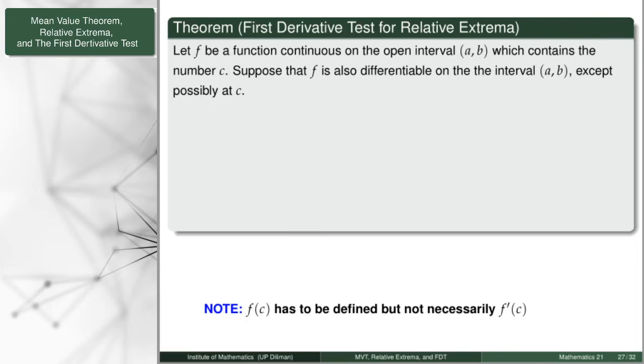Let us state it. If I have a function f that is continuous on the open interval (a, b), which contains a number c, and also suppose that f is differentiable on the interval (a, b) except possibly at c. So what this means is that you have continuity and differentiability both on the open interval.